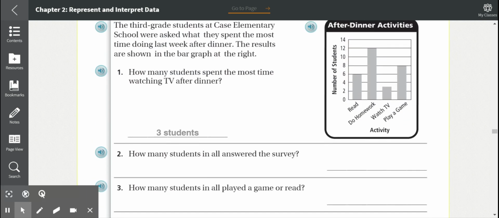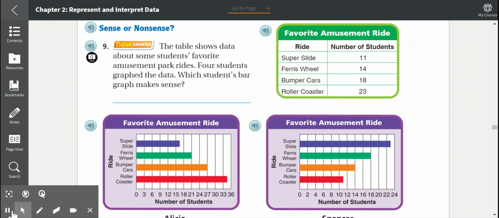Okay, we're on the next page where it says sense or nonsense. The table shows data about some students' favorite amusement park rides. 4 students graph the data. Which student's bar graph makes sense? So let's first look at all of this data here. It's called favorite amusement ride. Here's the ride, here's the number of students.